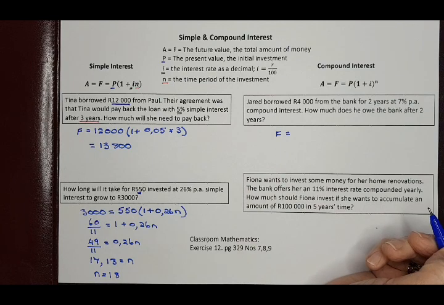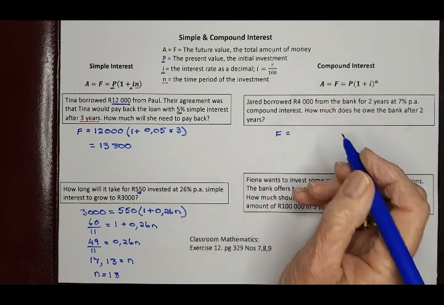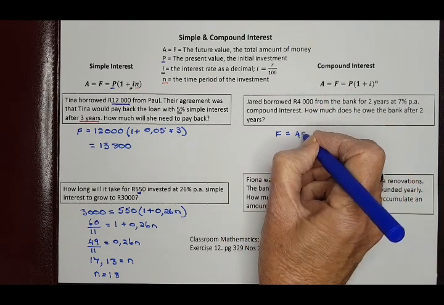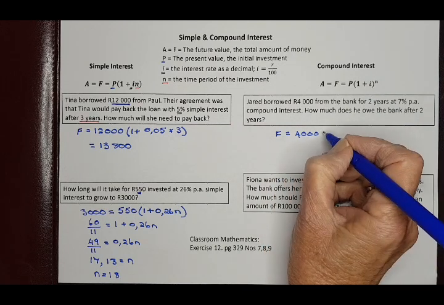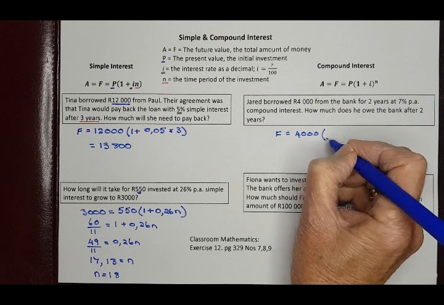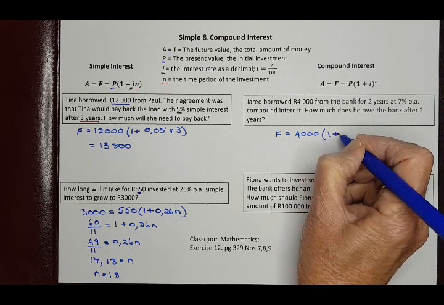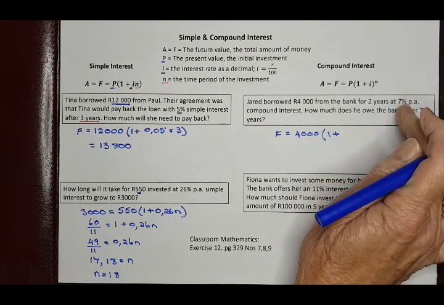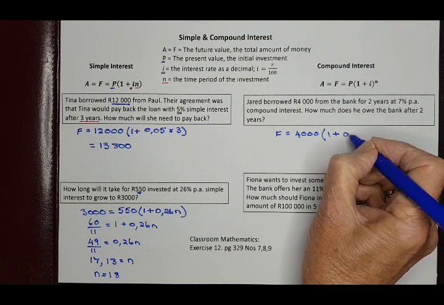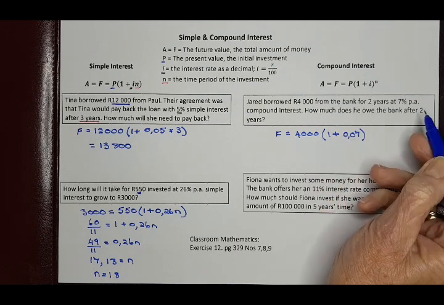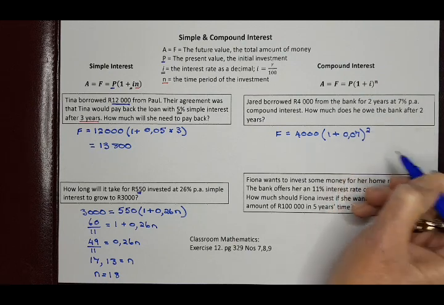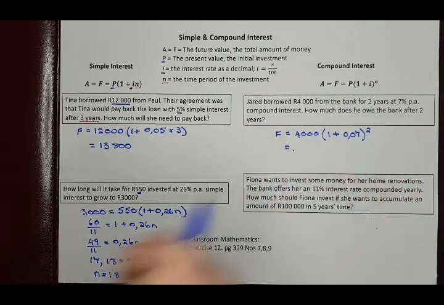How much does he owe after 2 years? The initial or the present value, 4,000. We're talking about compound interest, 1 plus your interest rate, which in this case is 7%, 0.07, to the power of 2, because we're looking at a 2-year period.